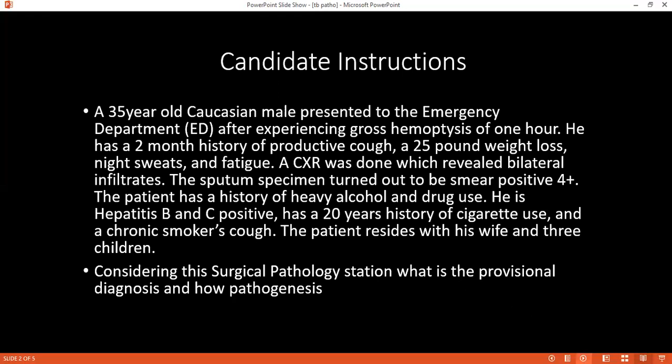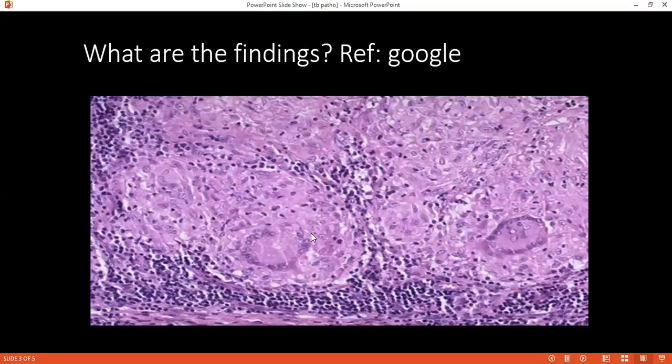All right. We'll move on. Can you describe this image? First of all, what do you see? This is a histology slide with hematoxylin and eosin stain. Which stain do we use for tuberculosis? Ziehl-Neelsen stain. Very good.